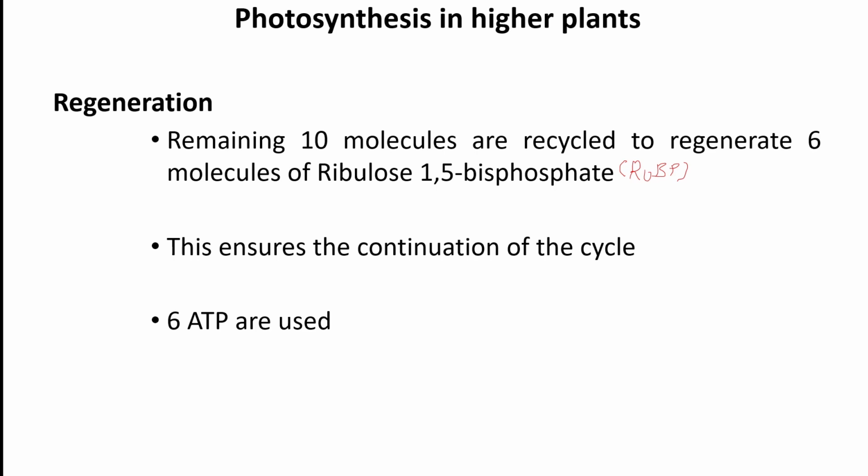If no RuBP is produced, the Calvin cycle will stop, and there will be no production of sugar molecules. Another point to remember here is that 6 ATP are used for the synthesis of 6 molecules of RuBP.